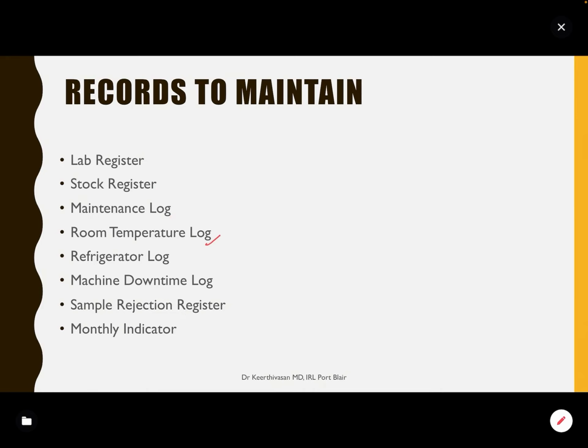Room temperature log, I'll show you the format, how to maintain a room temperature log, refrigerator log, machine downtime log. And sample rejection log. If you're not writing the rejected samples in your lab register, you can maintain a separate register where you write the samples which you have rejected as per our rejection protocol. Then monthly indicators. We will see how to prepare a TrueNat monthly indicator.